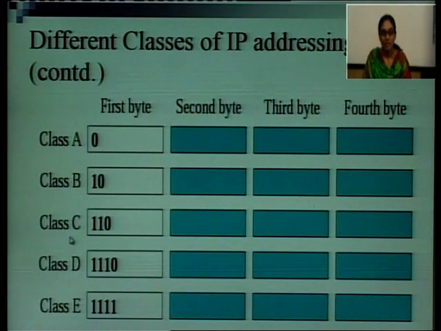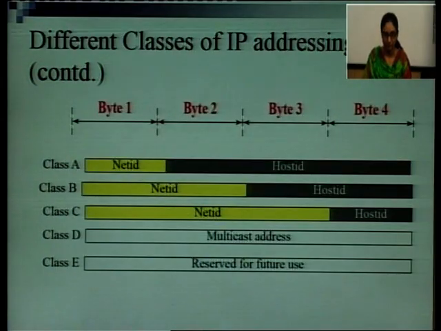In class C, the first 3 bits, that is 1, 1, 0, of the first byte are reserved. In class D, the first 4 bits, that is 1, 1, 1, 0, and in class E, the 4 bits 1111 of the first byte are reserved. So this diagram shows the reserved bits of the different classes of IP addressing.